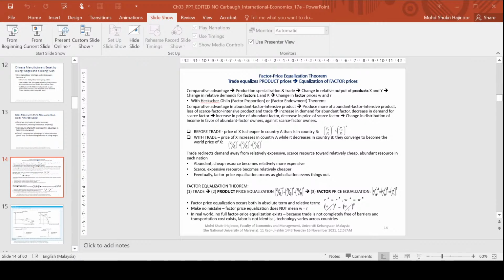The result: resources specific to the import competing industry will lose as a result of trade. What is import competing?